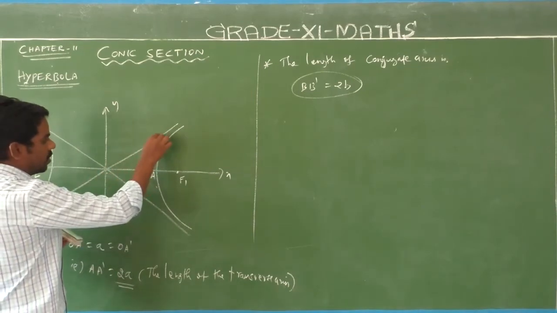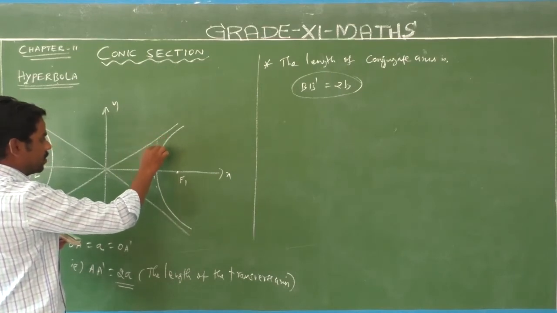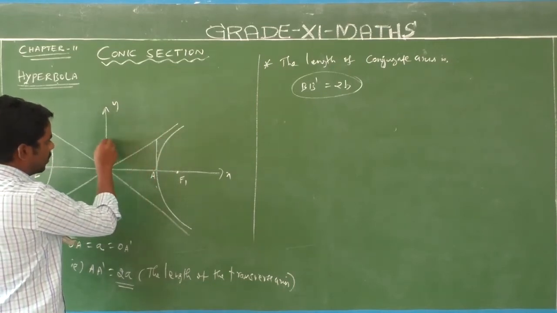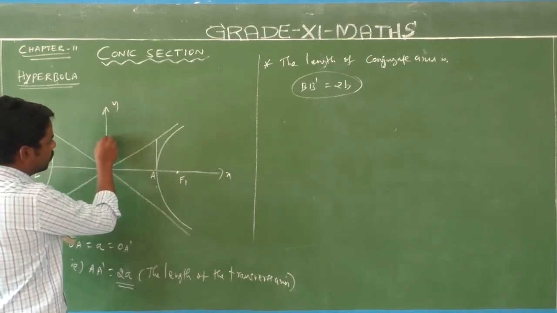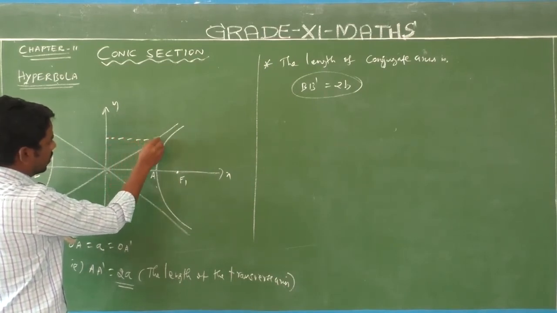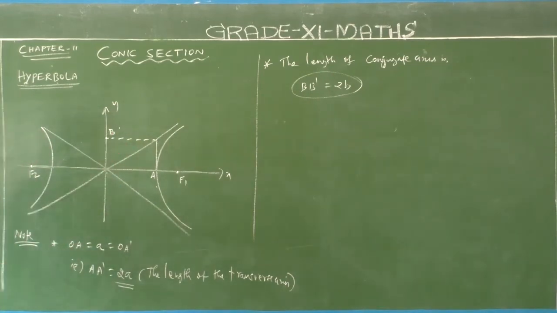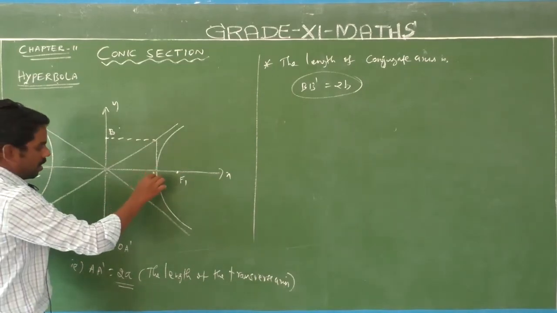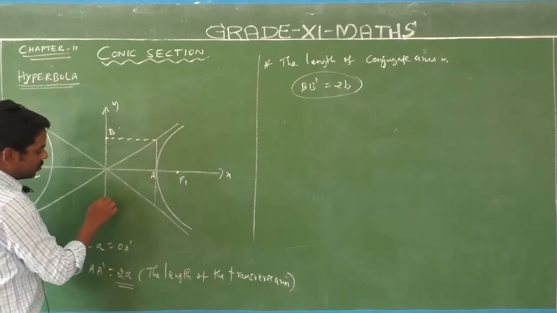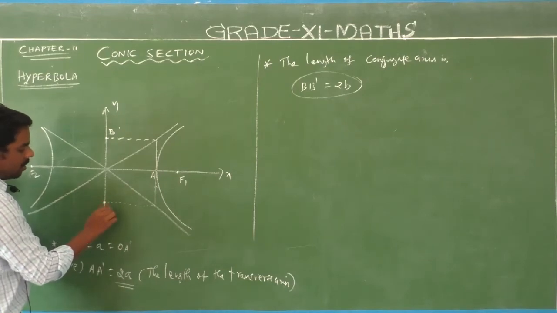Draw a line perpendicular to the transverse axis. This is the perpendicular line, and another line is perpendicular to the conjugate axis. This point is B, and this point is B dash.